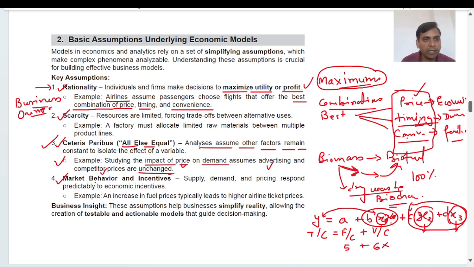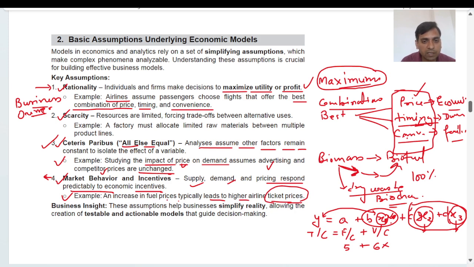Now the fourth point, market behavior and incentives. This market behavior is associated with the psychology of the customer, we can say. So in this case, supply, demand, and pricing respond predictably to economic incentives. For example, an increase in fuel prices, I have already given this example. An increase in fuel prices typically leads to higher airline ticket prices.